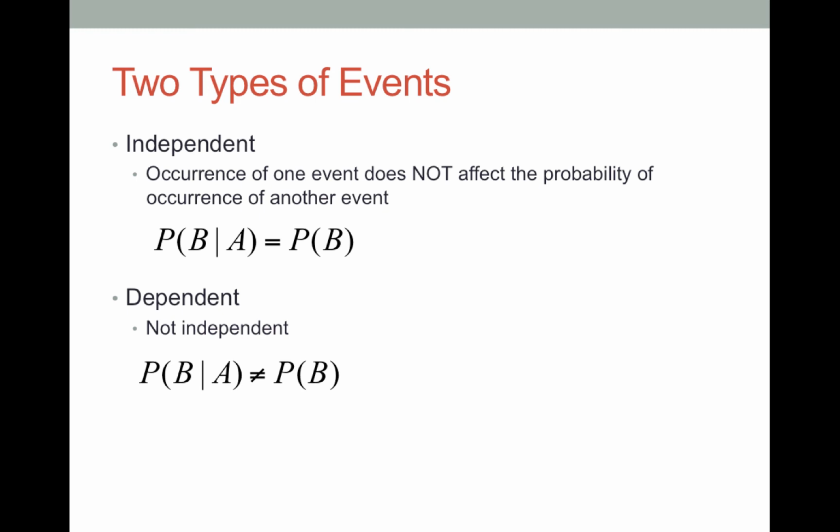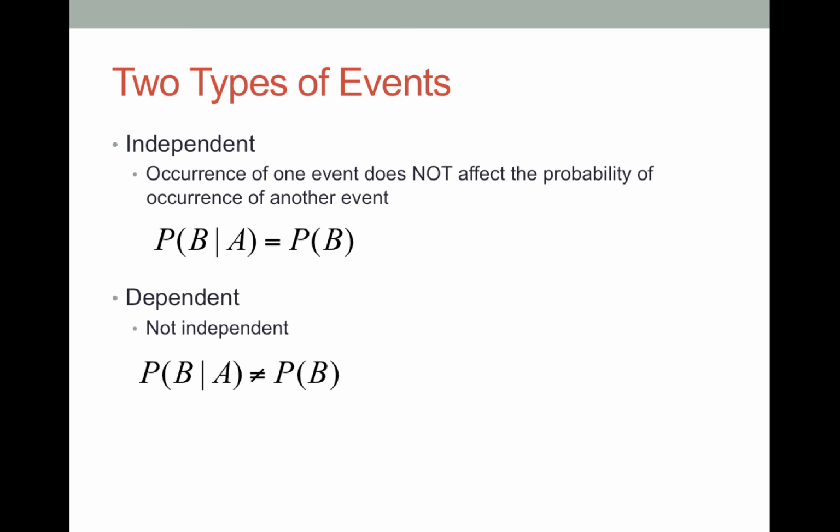And the way we think about that in terms of probability is to say that the conditional probability of B given A is simply equal to the probability of B. In other words, conditioning on A does not change the probability of B. What about dependent?